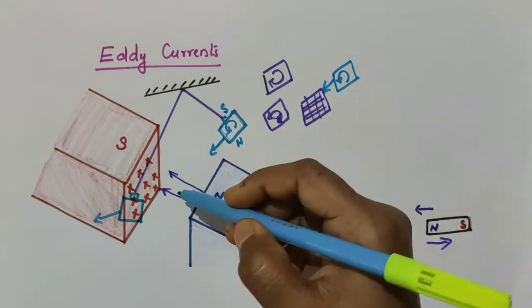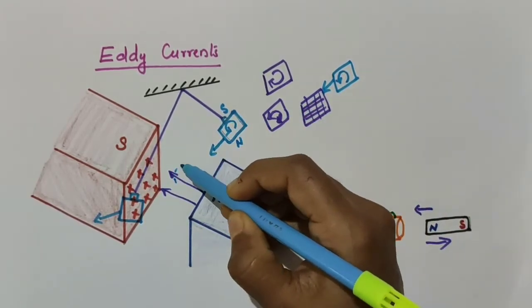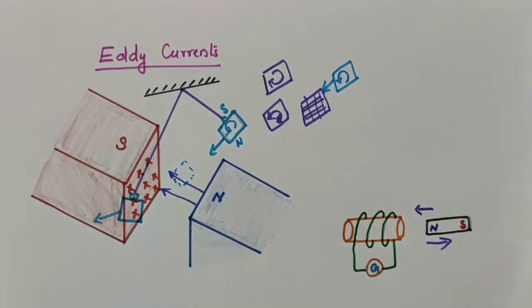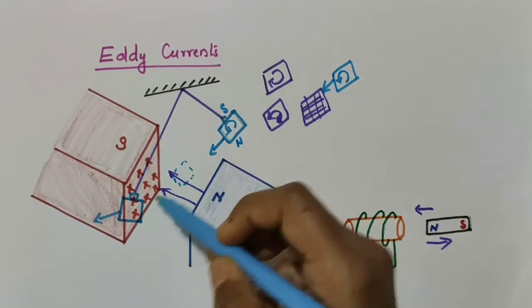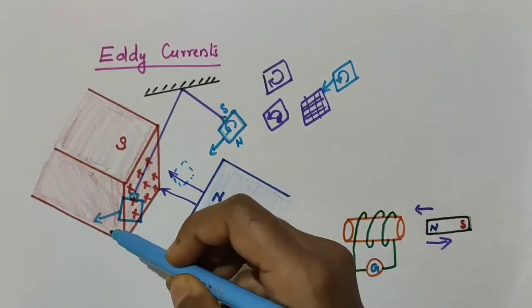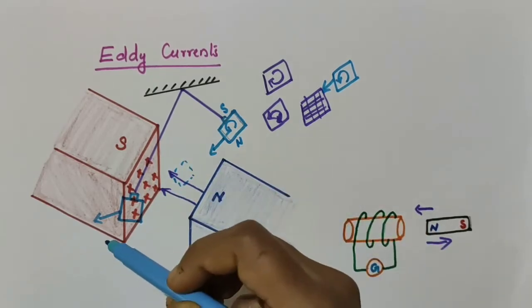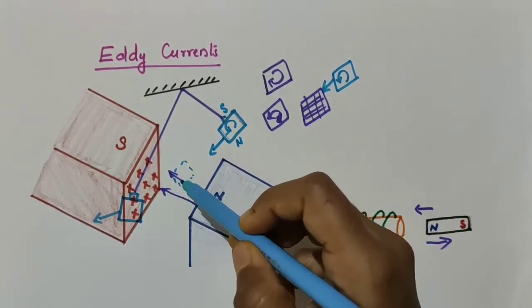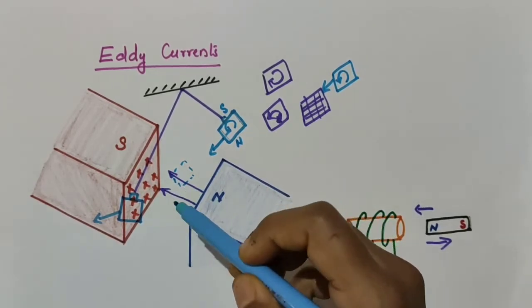Now, anyhow, the copper plate has reached here. Just imagine that the copper plate has reached here. Now this copper plate will try to move out to this side because it is swinging. But when this copper plate moves out, the flux linked with the copper plate decreases.